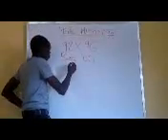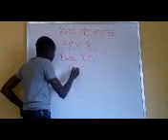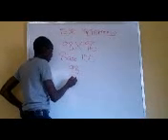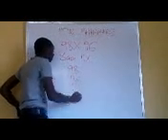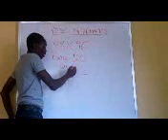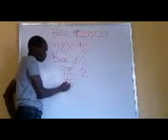So write down the numbers. You have 98 and 96. Okay. So next is going to be 100 minus 98. What do you have? 100 minus 98 is 2. And 100 minus 96 is 4.